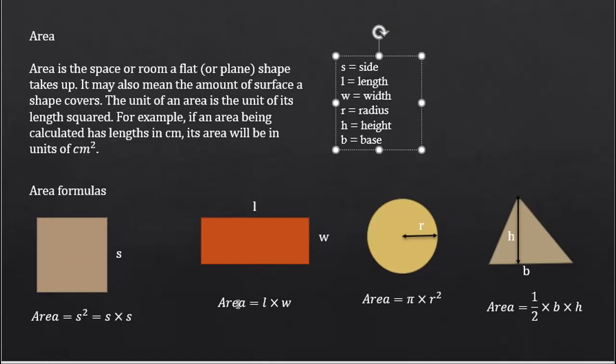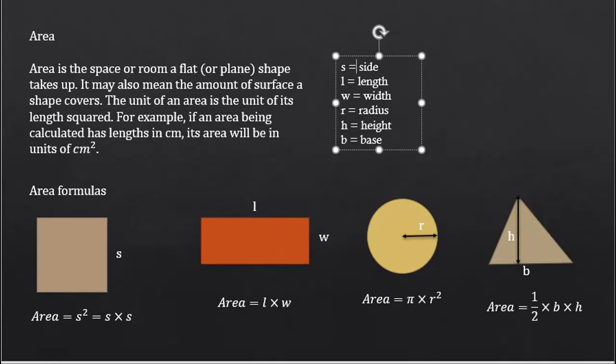Next, we have area is equal to length by width. Again, the area will be squared. So we have length multiplied by width for a rectangle, and then we have pi.